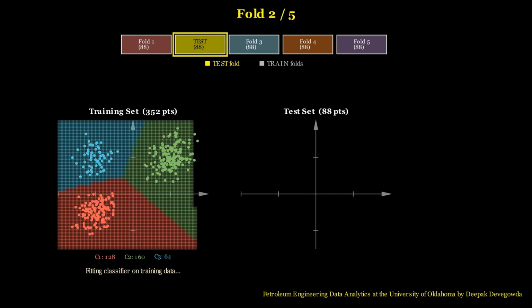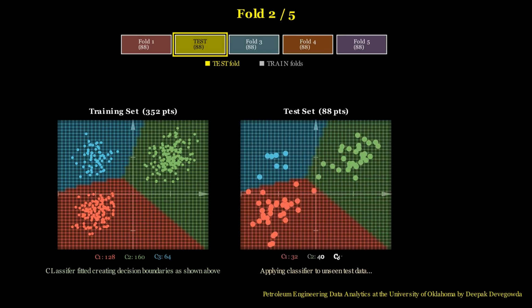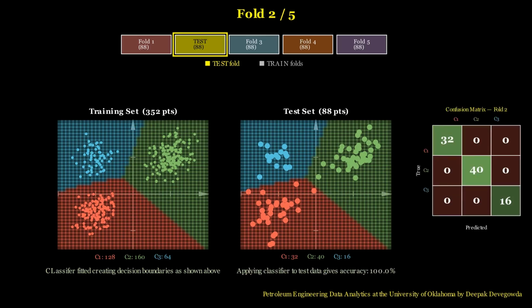In this case, it's a logistic regression. And then we examine how well this classifier does on the previously unseen test data. Again, in this specific case, we get accuracy against the test data of 100% and no misclassification as seen with the confusion matrix on the right.